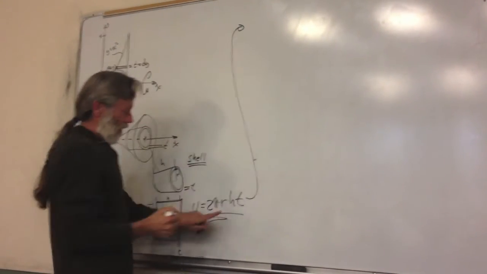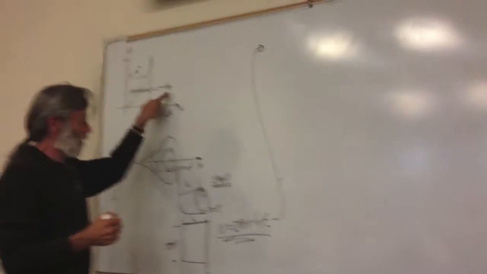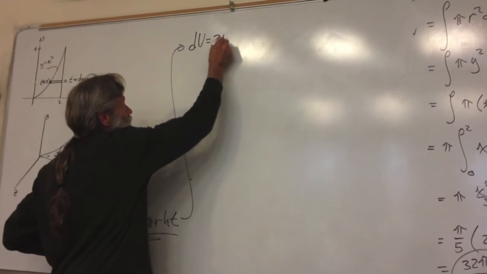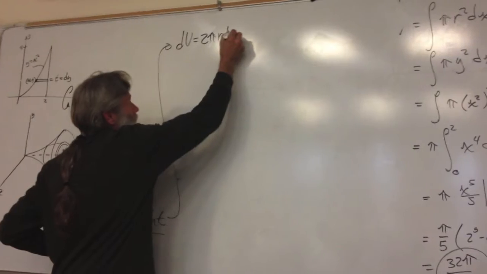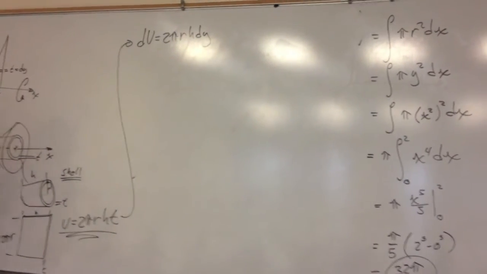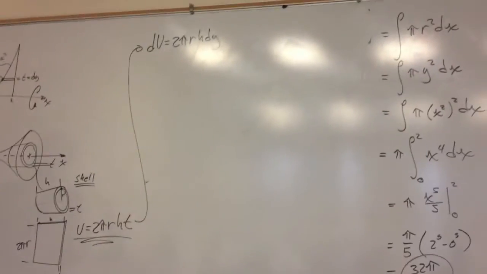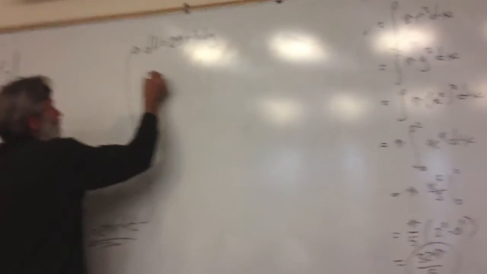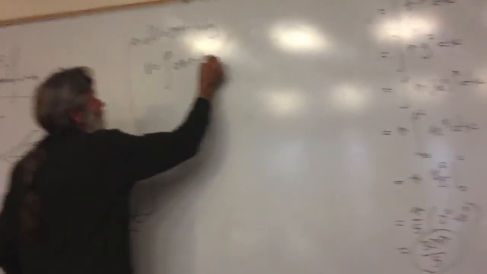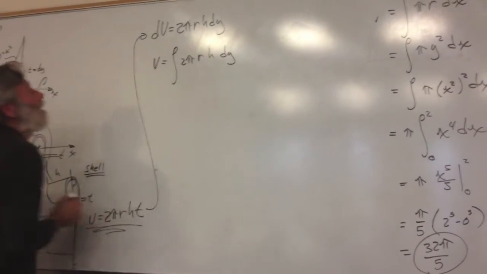Since the thickness is really differential, the volume must be differential. So dV must then be 2 pi r h, and in our case, dy. Therefore the full volume is the integral of that 2 pi r h dy.